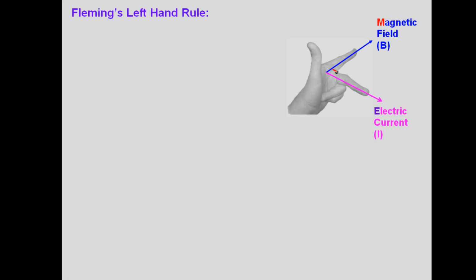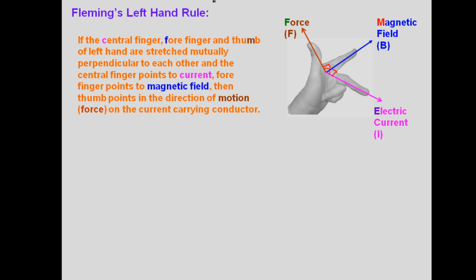So the thumb will give the direction of force, which is perpendicular to magnetic field as well as perpendicular to direction of current. All the three are mutually perpendicular. So according to the rule, if central finger, forefinger and thumb of our left hand are stretched mutually perpendicular to each other such that central finger points the current and forefinger points the magnetic field, then thumb will give the direction of motion, or we can say direction of force acting on the current carrying conductor or also on the moving charge.